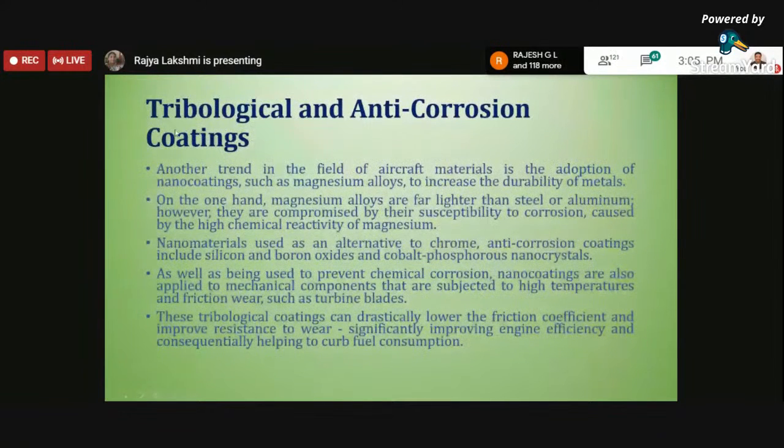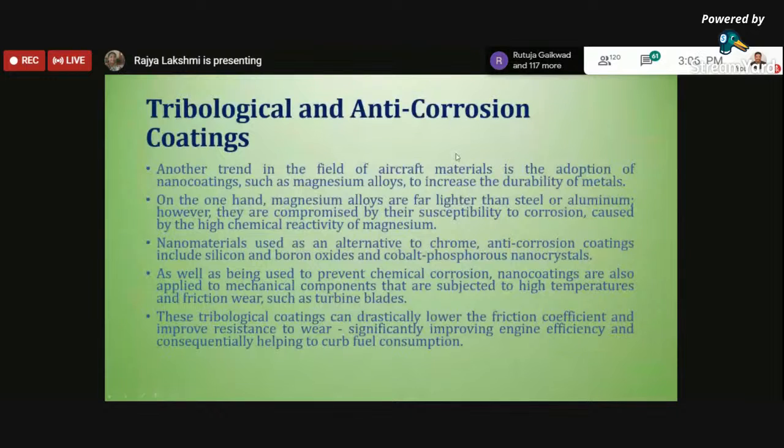I have already mentioned corrosion and tribological properties, for both the manufacturing and non-manufacturing sectors. Nanotechnology is showing impact in improving wear resistance and also improving anti-corrosion properties. Another important trend in aircraft materials is improving anti-corrosion properties.